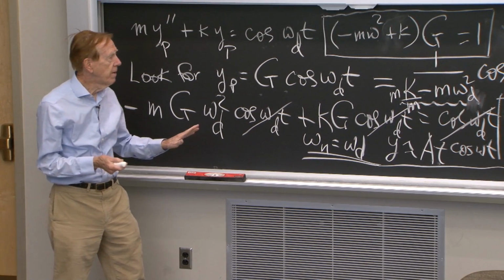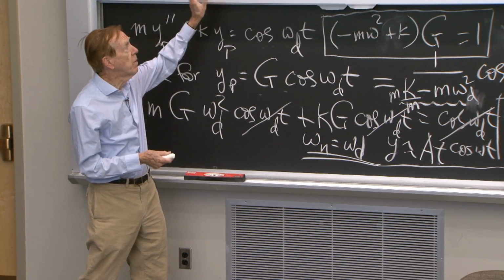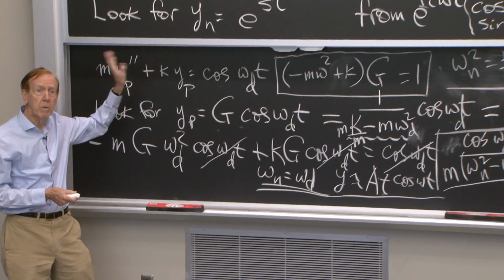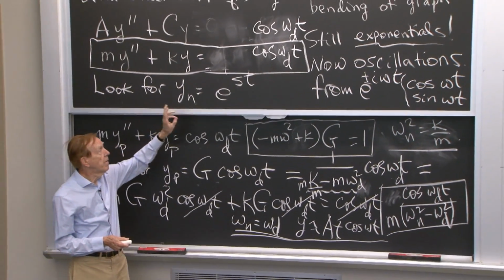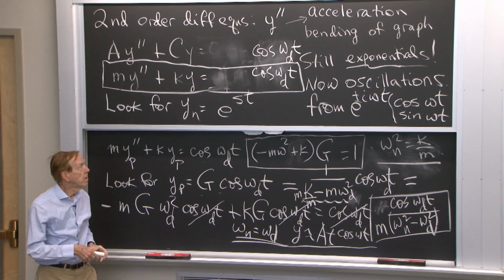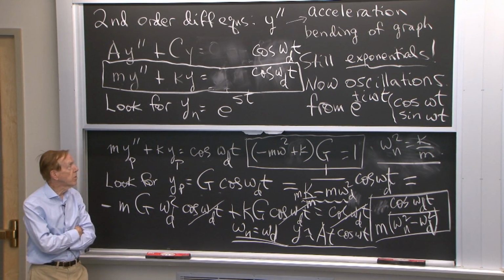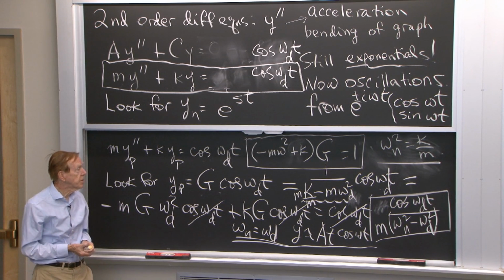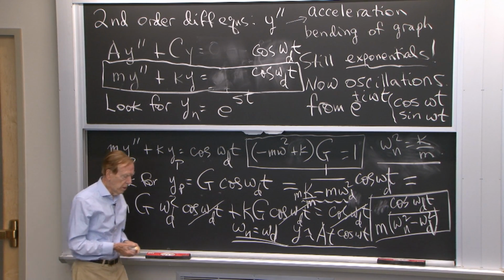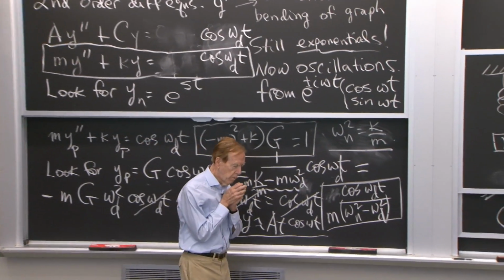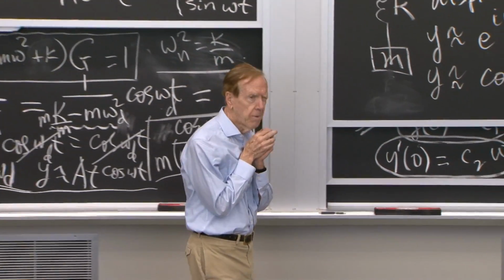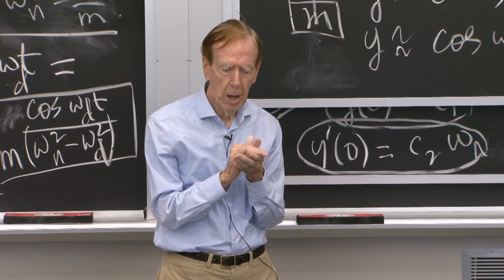Well, now we've solved the null equation with no force, and we've solved the driving force equal to a cosine, and of course we could do a sine. What other driving force should we do? I think we should do a delta function.